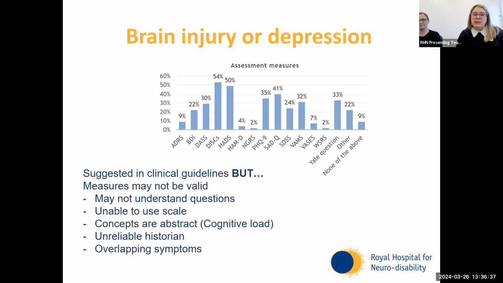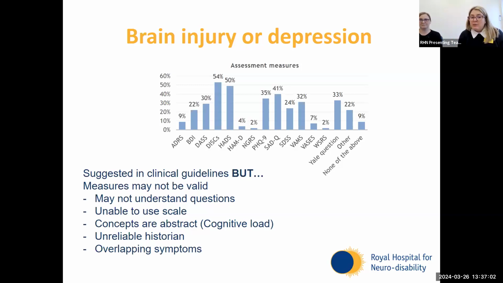But one of the issues is that, yes, it's suggested in clinical guidelines, but they only make allowances for patients who have expressive communication difficulties. So they're saying if they can't talk, there are pointing measures that you could use, or measures using pictures, and that gets around the language difficulties, but they're not considering cognitive impairment and receptive communication difficulties.